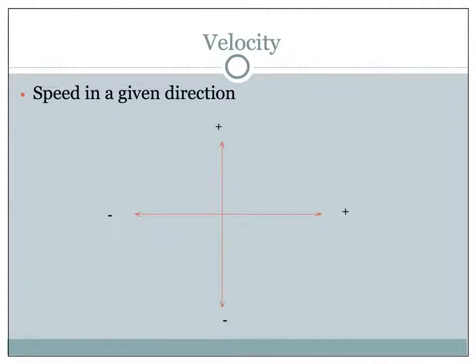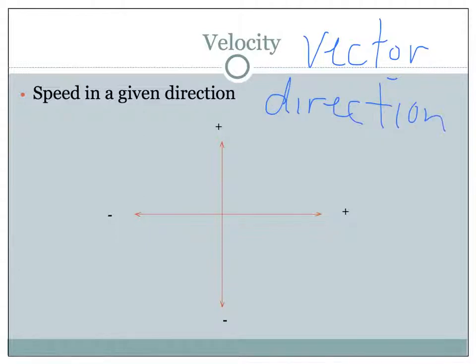Now velocity is a whole different story, because velocity is a vector quantity. And with vector quantities, we need direction. So we have our little coordinate plane here. And I've already talked about this. Typically, things moving to the right, we call that positive displacement.